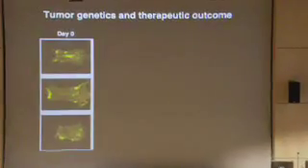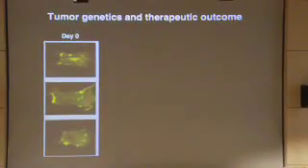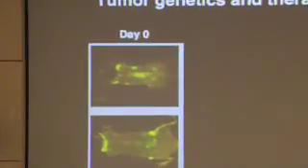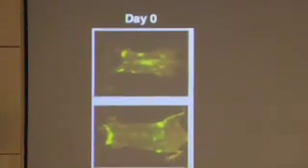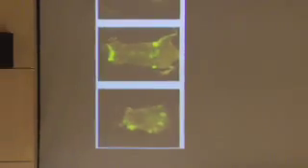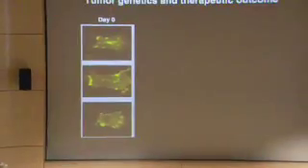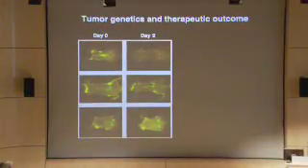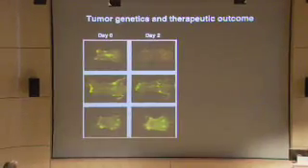These are 3 mice, all of which have GFP-positive lymphomas. So you can see these green spots throughout these mice. And at day 0, all of these tumors look somewhat comparable. These 3 mice are treated with the same therapy, which in this case is cyclophosphamide, and they have very different responses to this same therapy.